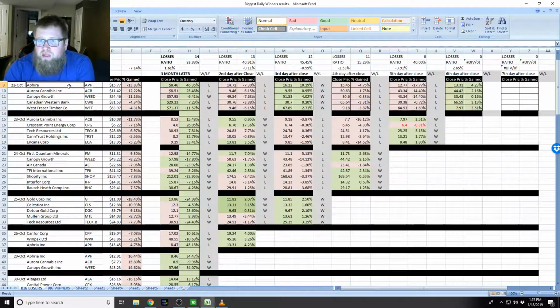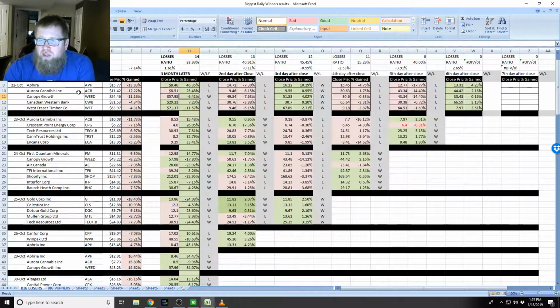For instance, Alphera back on October 22nd lost 13% and closed at $15.77. And today, which is January 18th, about 3 months later, it's still trading at approximately $8.40. And these are their percentages. They're backwards, so if that's a 46% loss, 25% loss, minus 6%, that'd be a 6% gain, just an FYI.